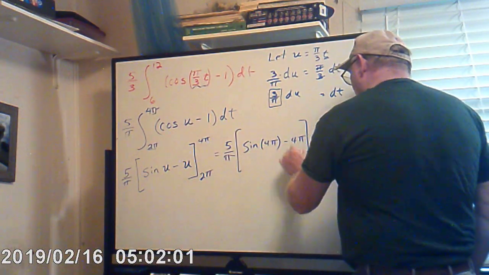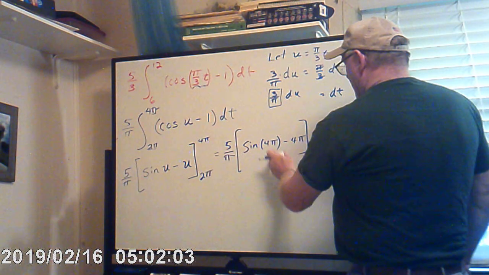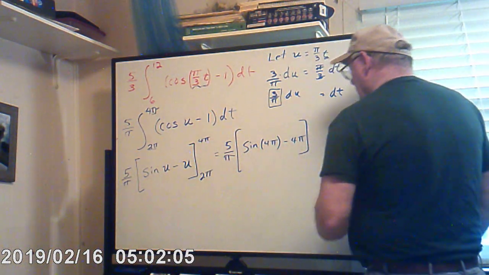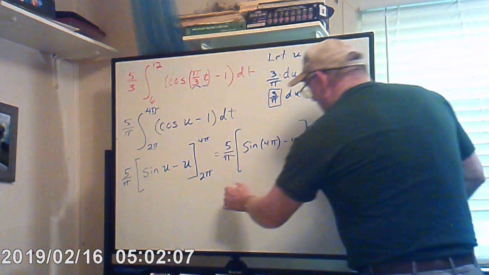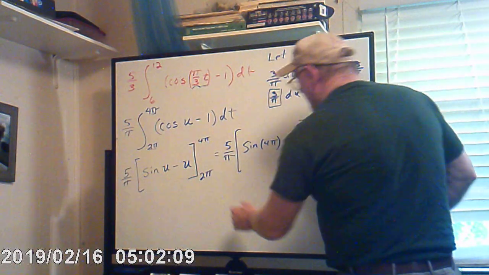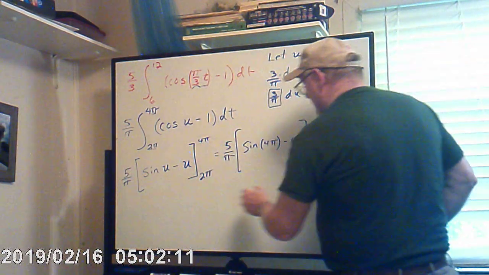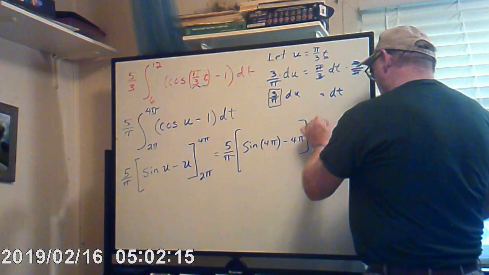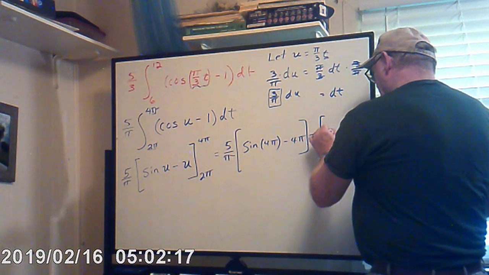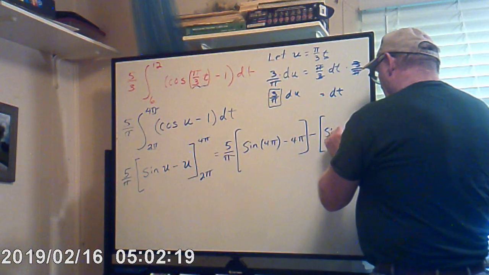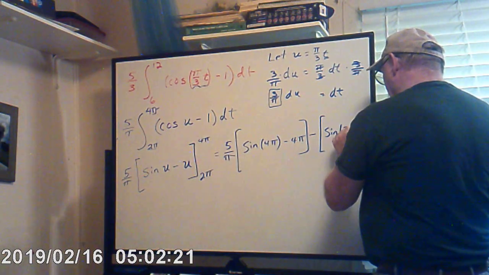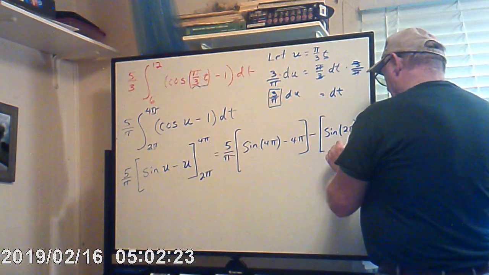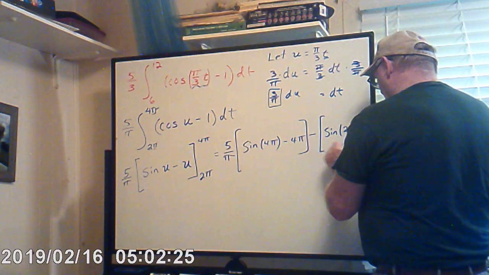I like to just kind of block that off. Alright. Now minus sine. Woo! Needs room. Let's see if I can put it right here. Minus sine. Sine of 2 pi minus 2 pi.